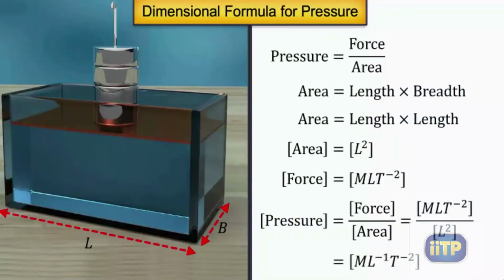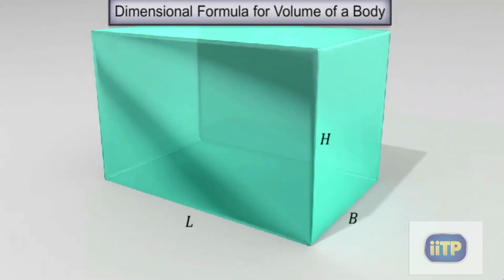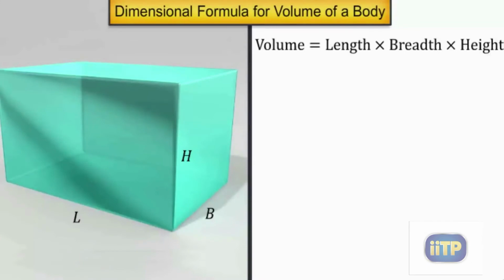Following the same methodology, we find the dimensional formula for the volume of a body. Volume is the product of length, breadth, and height. Height also represents the base quantity, length.